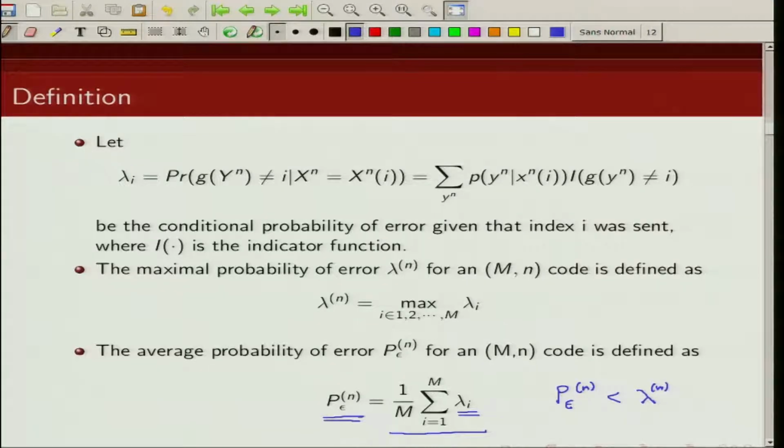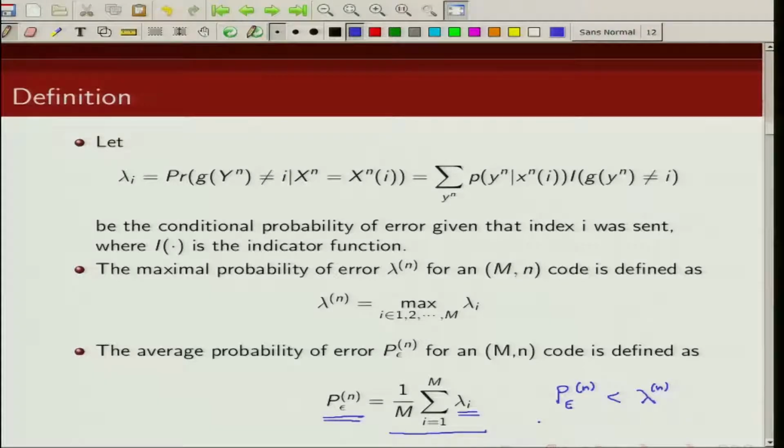Now we are going to show you later in this lecture that as long as our transmission rate is below channel capacity, our average probability of error is very small. It goes to 0 as the block length, the code word length, increases, and we will show that if the average probability of error goes to 0, then the maximal probability of error also goes to 0 as n becomes large.